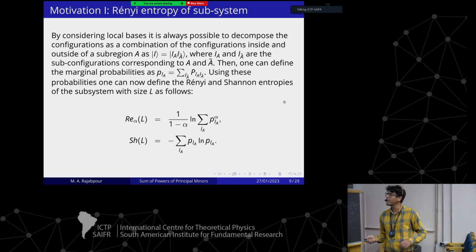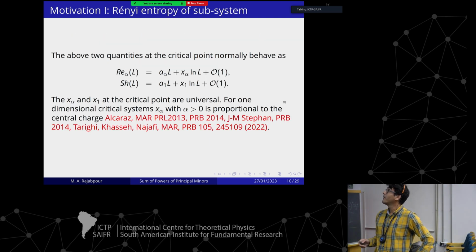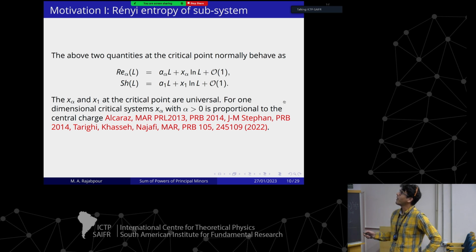Something interesting happens now: if you are at the critical point, you have the extensive part, and then you have an extra logarithmic part. This extra logarithmic part has a coefficient which, for alpha bigger than 1, and in some cases even for alpha equal 1, looks like a central charge.